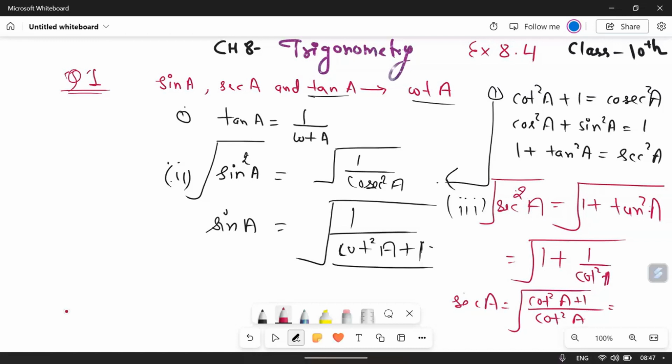Now what we need to do here, take out it outside from the root. So under root cot square A plus 1 divided by cot A.